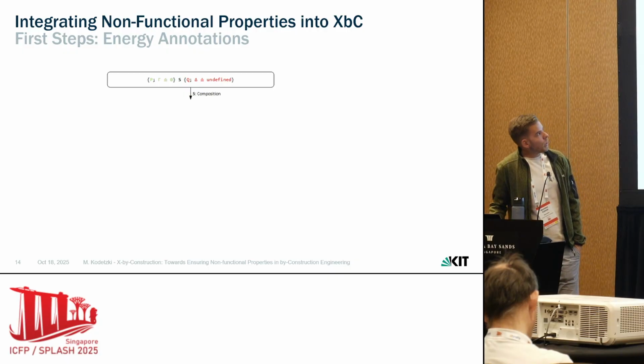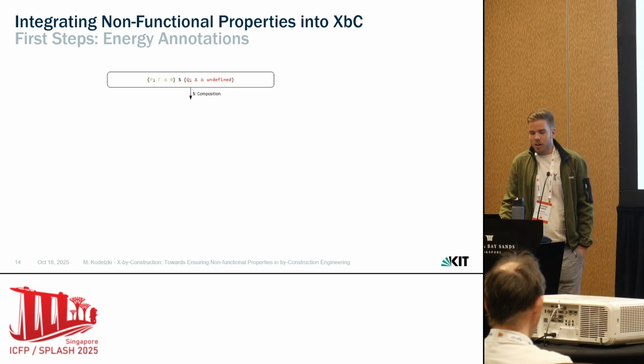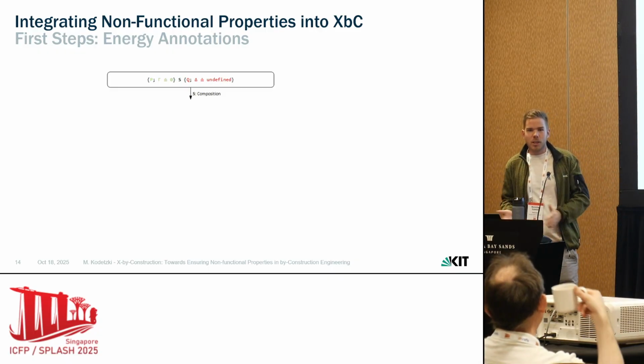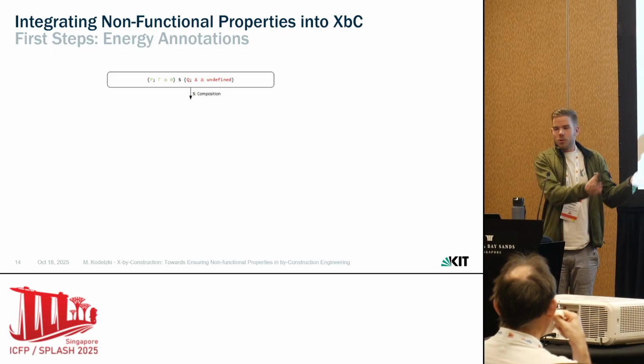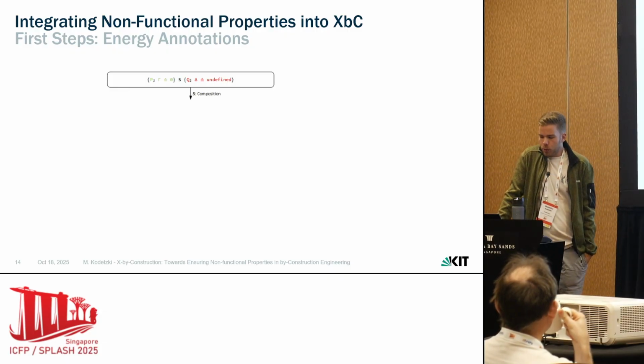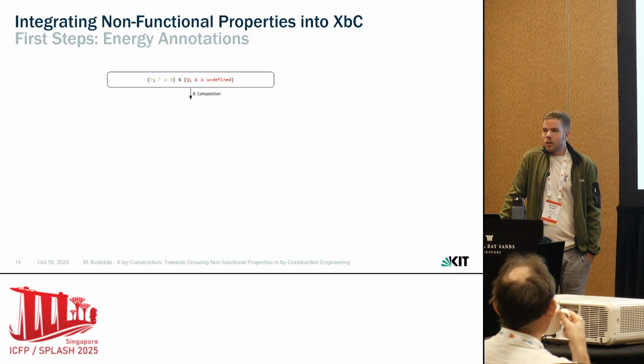So the Hoare triple P S Q extended by some energy annotations. So in our precondition, we say, okay, we don't want to have any energy consumed yet. You could say, okay, there will be energy consumed in some prior program state, but we don't look at that now. And for the postcondition, as I said, it's hard to specify what energy will be consumed because we don't know how our program will look like.